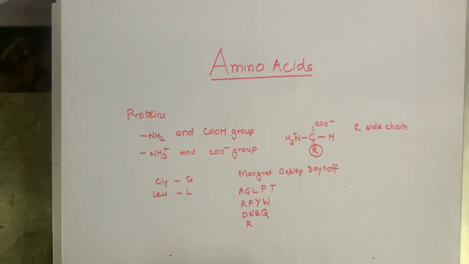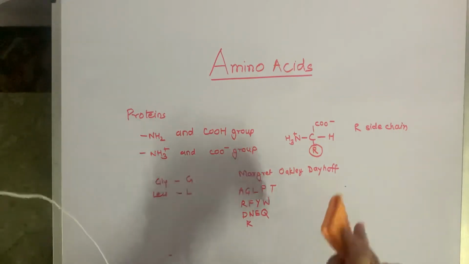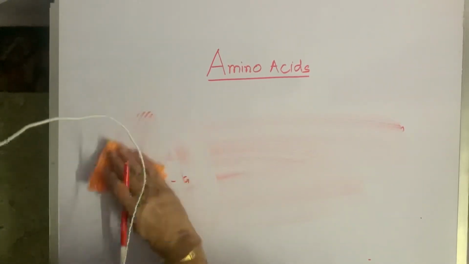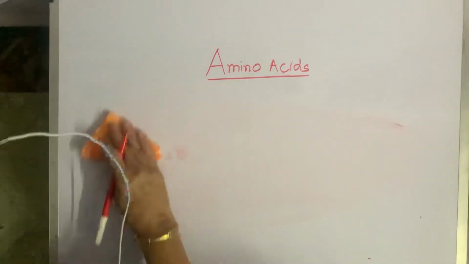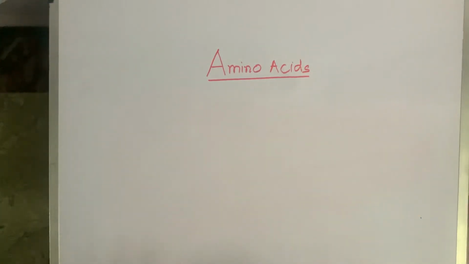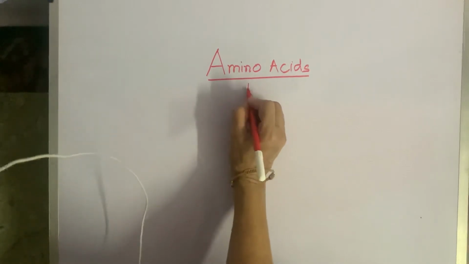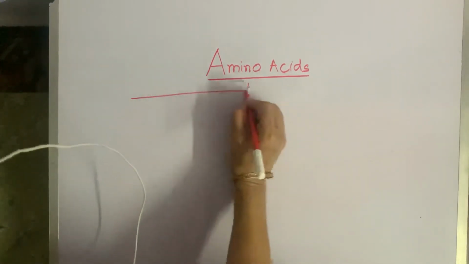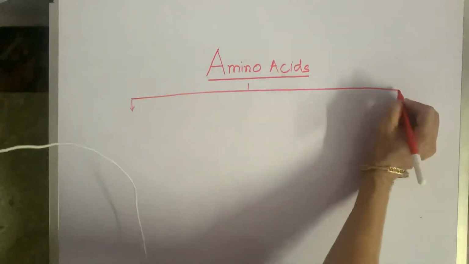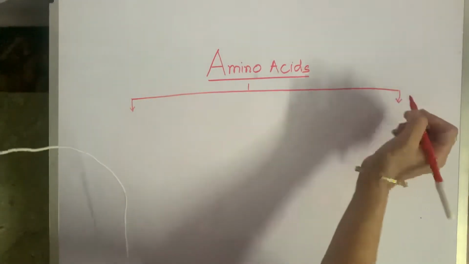Let us move ahead, coming to the proper classification. Based on which type of R group is present, we classify amino acids into two major types.